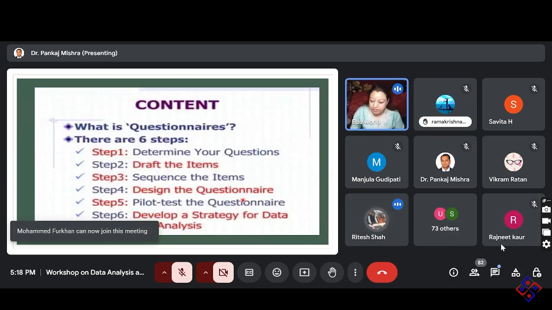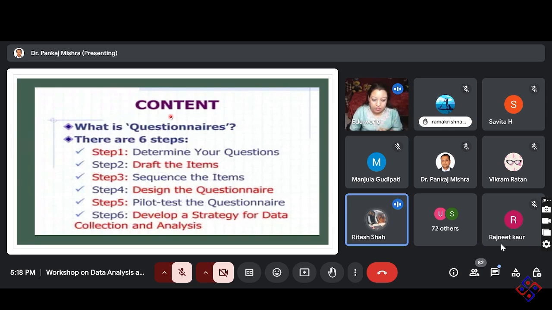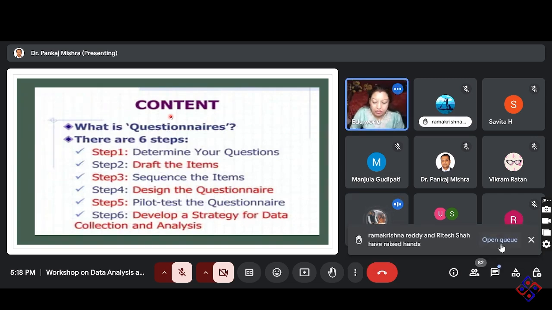Now, the content. This is a very important part of the research. Why is this very important? Most of the time, whenever we frame the questionnaire or the interview schedule, as well as the structured questionnaire that I have already told you about, what are the different kinds of items we are going to include in our questionnaire?